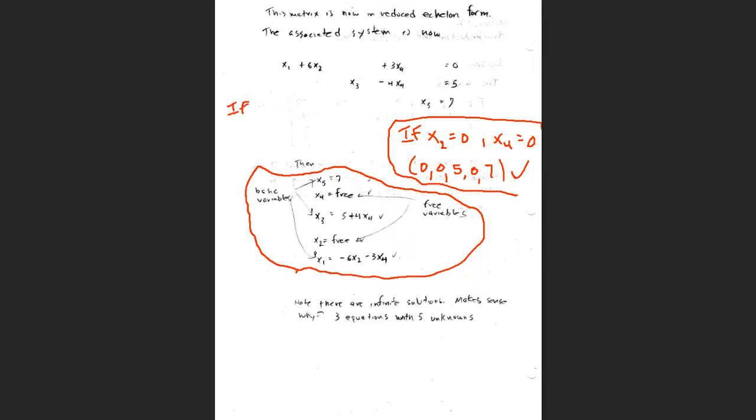Let's say that x2 were equal to 1 and x4 were equal to negative 3. Okay, well, what would the coordinate be? If x2 equals 1 and x4 equals negative 3, let's see. So what I'm trying to do is I have 5 coordinates here.